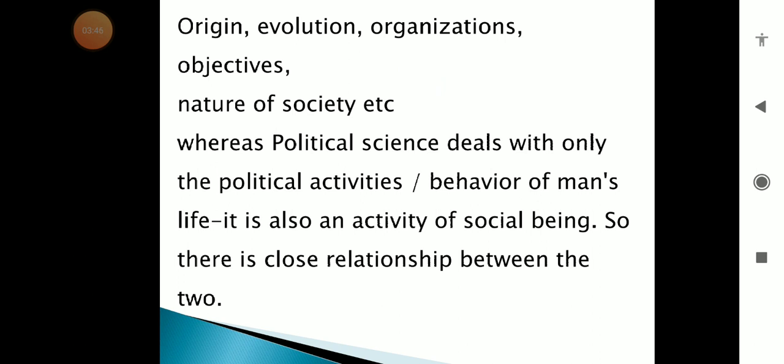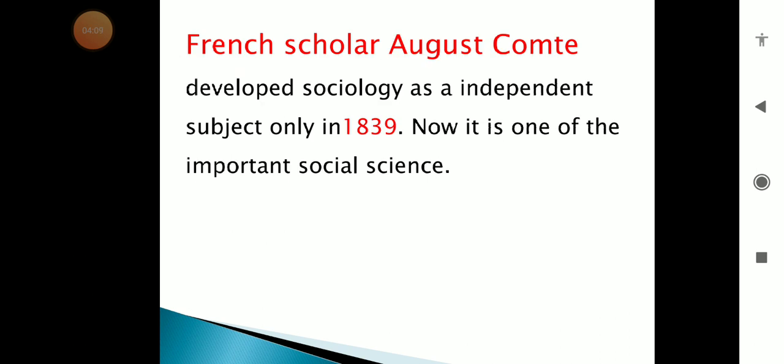It is also an activity of a social being, right? Man as a social being does one activity that is political, another economic, another religious, another cultural. So political activity is one of the activities that man does as a social being. So there is a close relationship between the two, between political science and sociology.